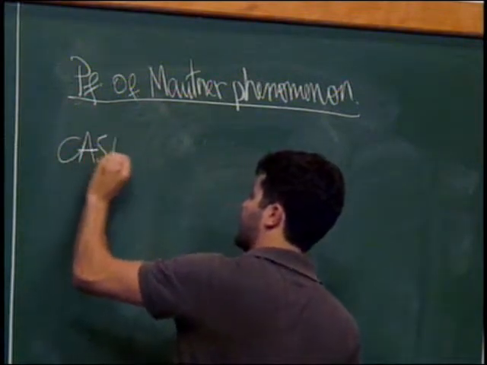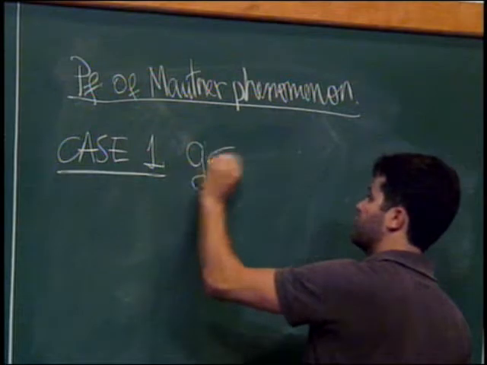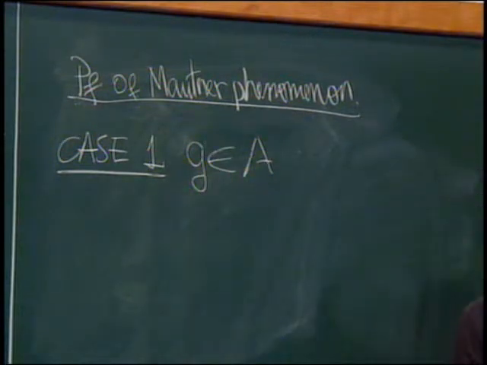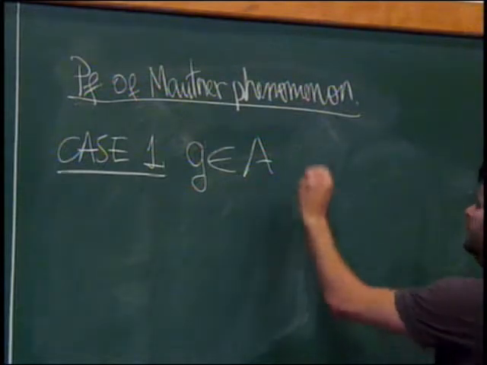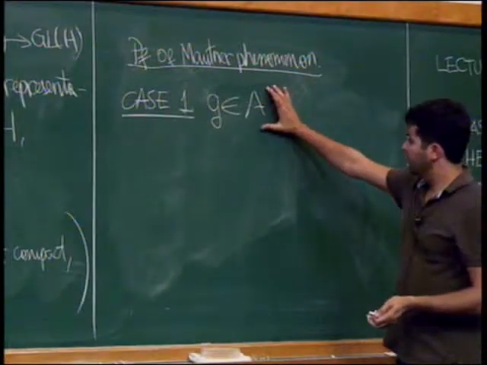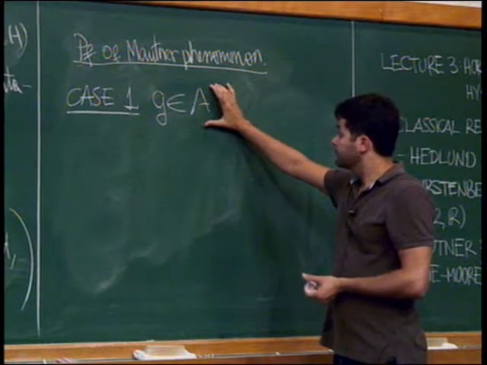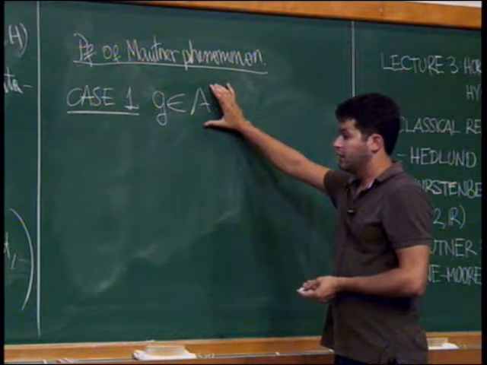So first let's write here that we are considering the first case in which g belongs to A. Okay? So g is in the diagonal subgroup.